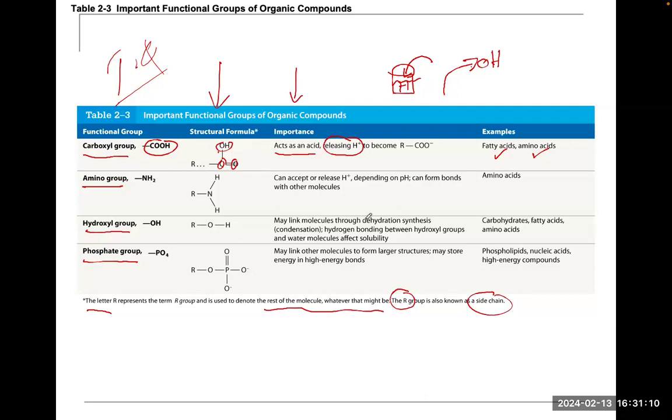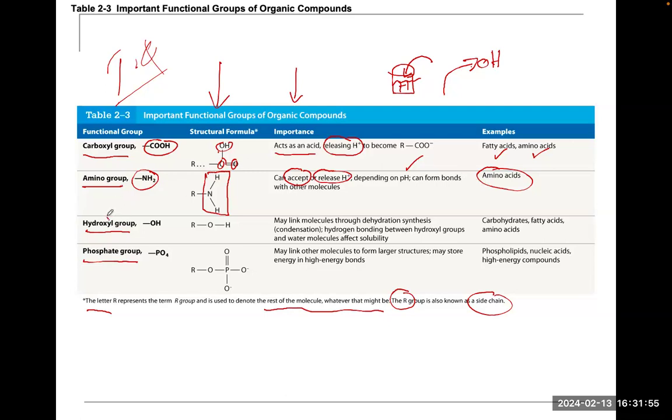But at the very end of that long side chain, if we have this, NH2, nitrogen bonded to two hydrogens, that's an amino group. We're going to see the amino group in amino acids from proteins. Now, proteins can act as an acid or a base. That's the beauty of proteins. They can accept or they can release hydrogen, depending on the pH. So it can act as an acid or it can act as a base, depending on what the body needs.